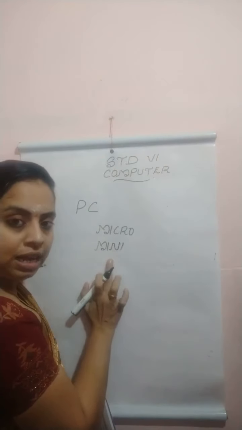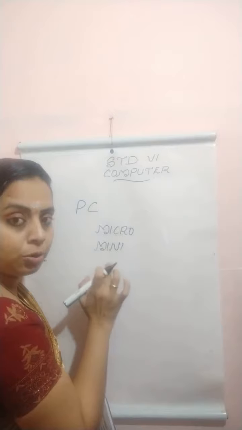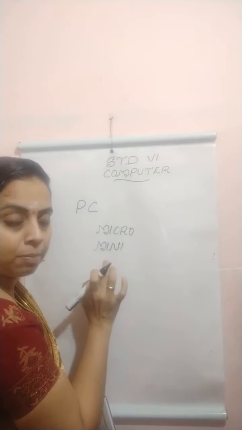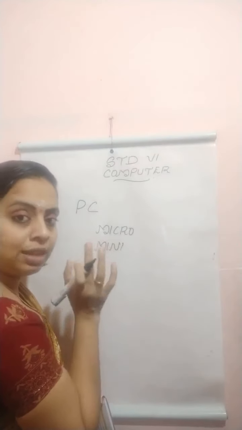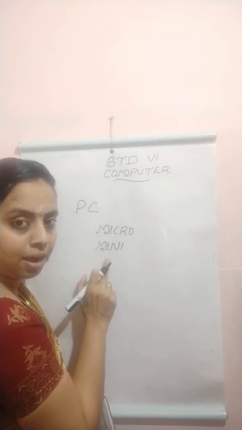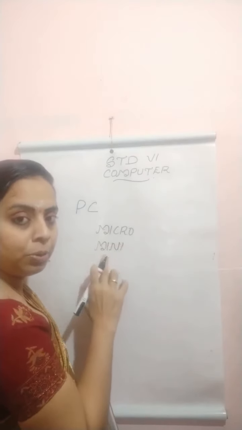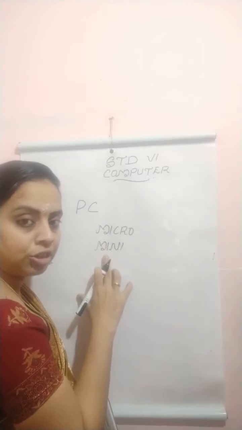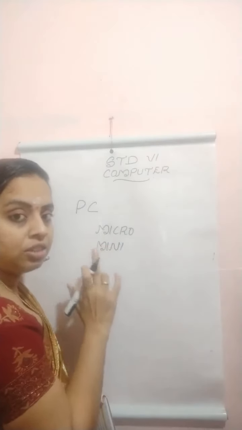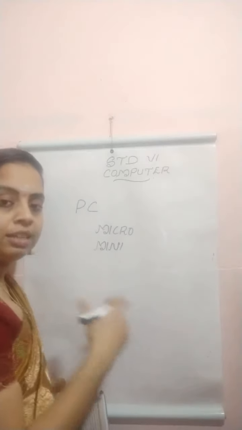That is, in mini computers, more than one user can use it. User means who uses the computer. So many monitors can be connected to a CPU in a mini computer, and they can function at one time. Clear? More than one user can use this mini computer.